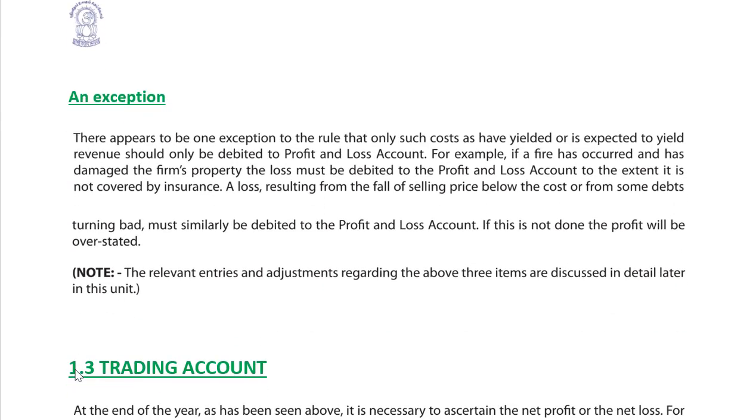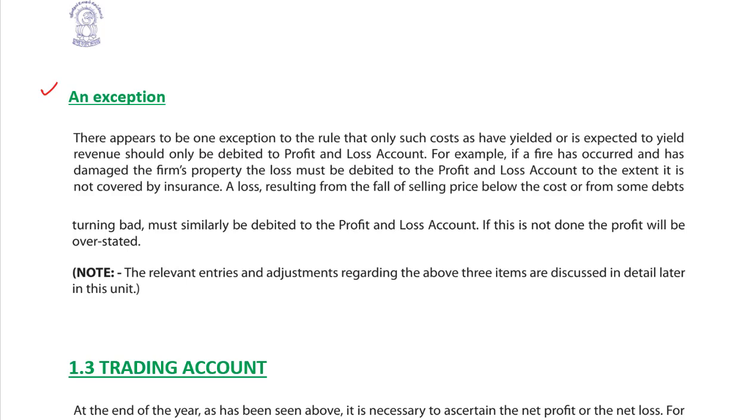Next, exception. There appears to be one exception to the rule that only such costs as have yielded or are expected to yield revenue should be debited to the profit and loss account. For example, if a fire has occurred and has damaged the firm's property, the loss must be debited to the profit and loss account to the extent it is not covered by insurance.